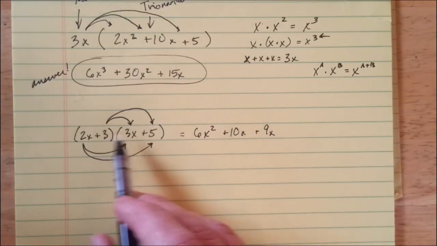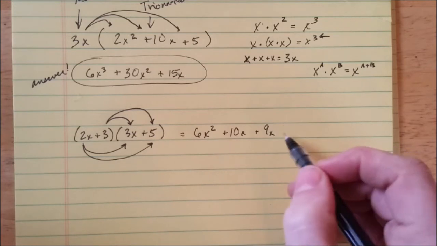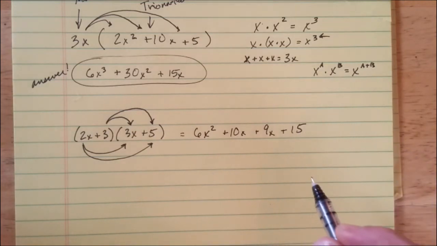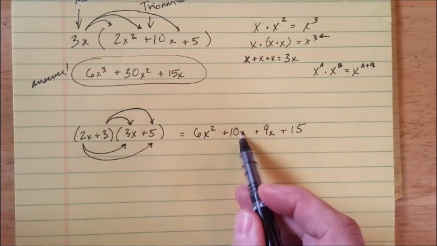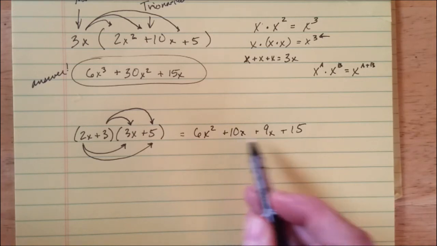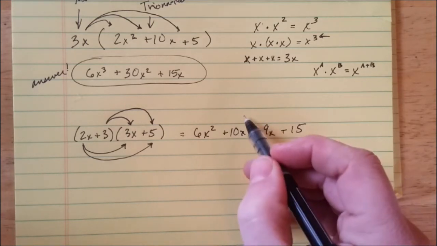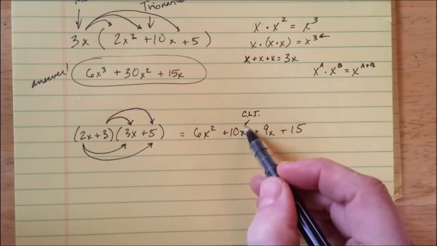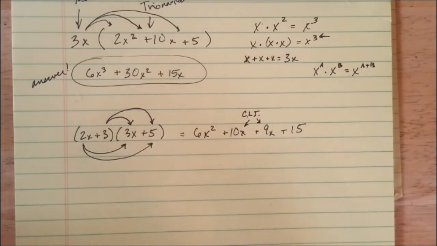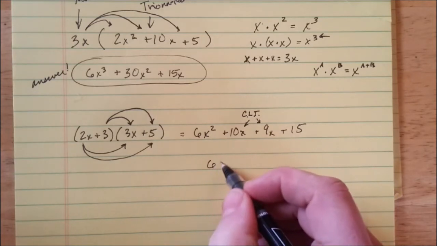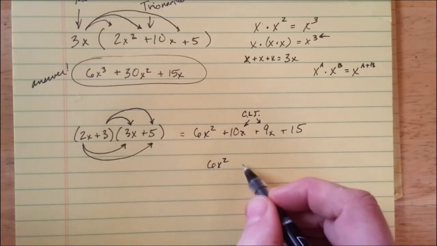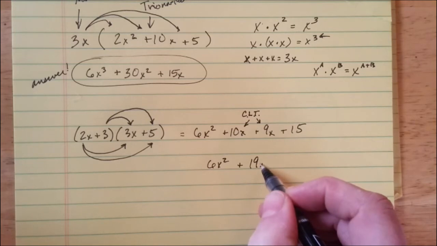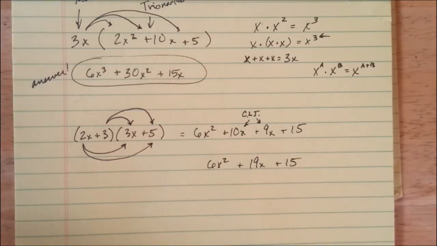And 3 times 5, that's 15. You'll notice here we have 10x and 9x. That can be combined. This follows the rule of combine like terms. Those are like terms. They're both plain x's. So my final answer is 6x squared plus 19x plus 15.